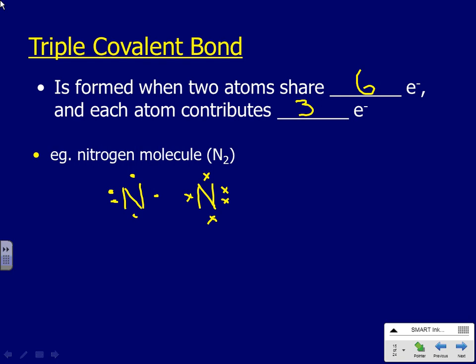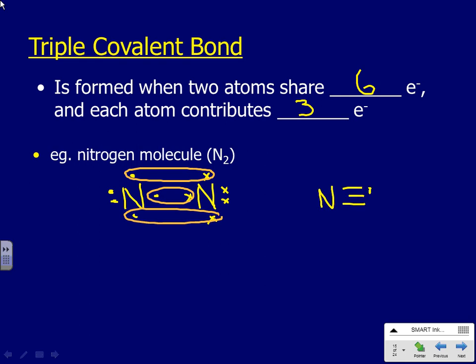And I'm hoping from yesterday's work, it doesn't take much to imagine that we're going to have 3 sets of overlap here, which then ultimately results in a triple covalent bond, and then our lone electrons, all right?